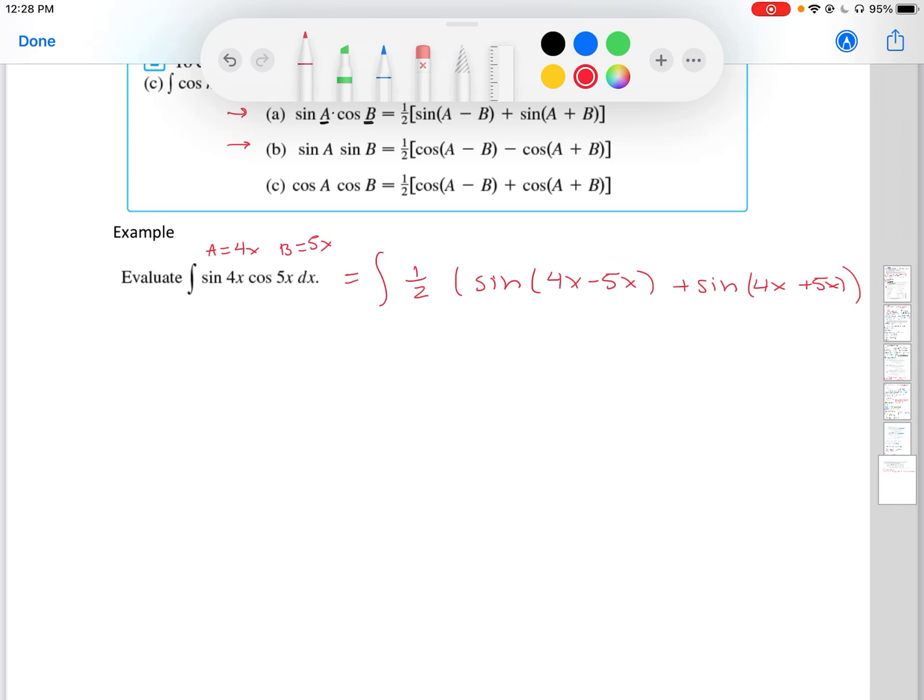I know you can do this mentally, I just don't want to lose anyone. Let's clean that up and move that 1/2 in front of the integral. So we're left with sine of 4 minus 5, which is negative 1, negative x, plus sine of 4 plus 5, 9x.